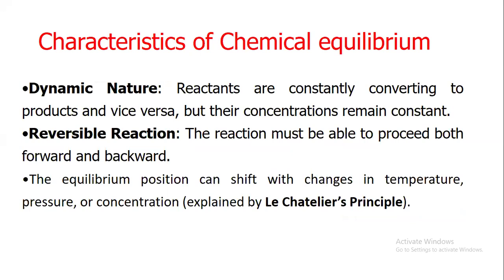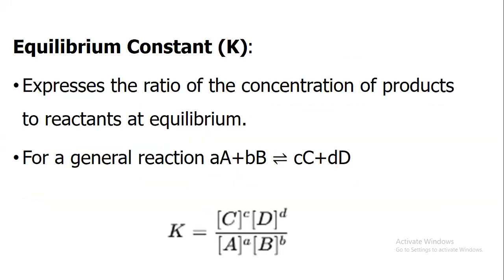Characteristics of chemical equilibrium: dynamic nature, reactants are constantly converting to the products and vice versa, but their concentration remains constant. Reversible reaction, the reaction must be able to proceed both forward and backward. The equilibrium position can shift with change in the temperature, pressure, or concentration, as explained by the Le Chatelier principle.